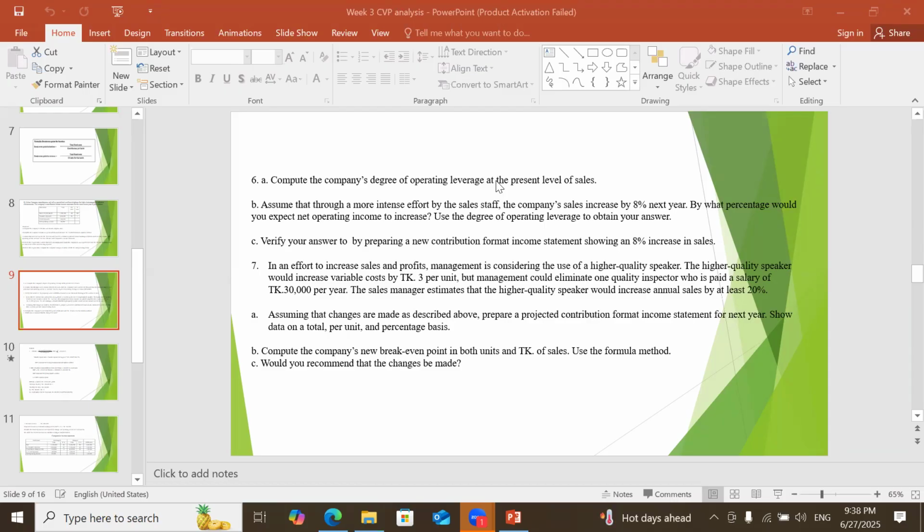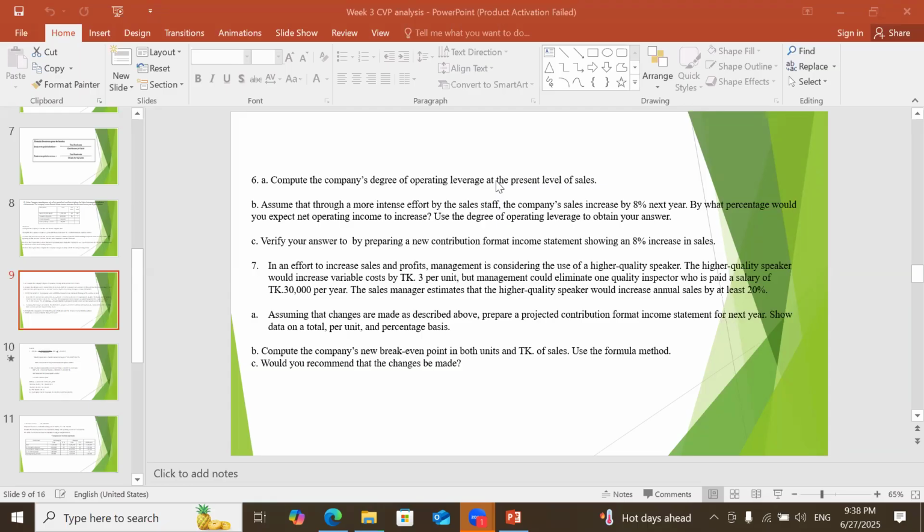Degree of leverage means how much the sales impact the profit, the net operating income. In this case, a little bit of change in sales has a huge effect on net operating income.